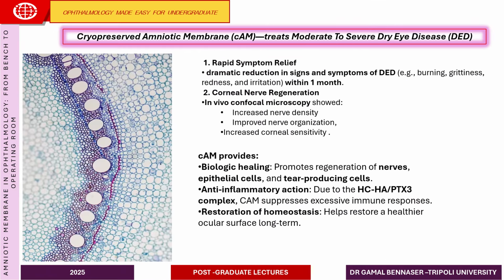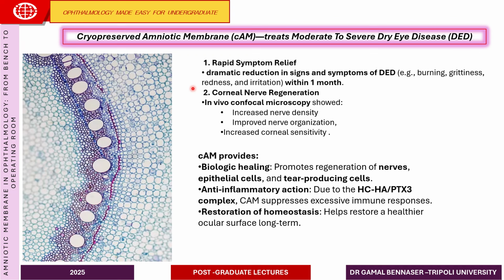I think there are a vast variety of applications of the cryopreserved membrane, but I will mention one of the most important and effective uses: moderate to severe dry eye disease.